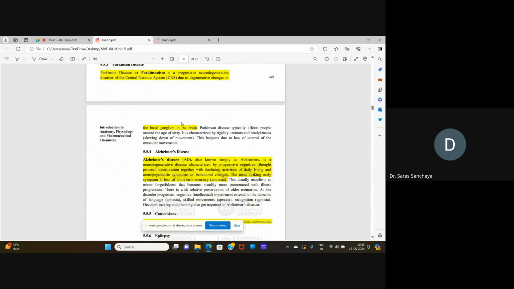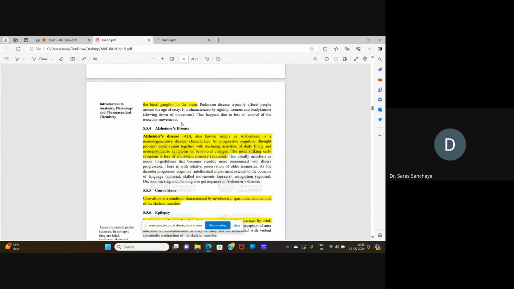Then another disease is Alzheimer's disease, also known as Alzheimer's, is a neurodegenerative disease characterized by progressive cognitive thought process deterioration together with declining activities of daily living and neuropsychiatric symptoms or behavioral changes.